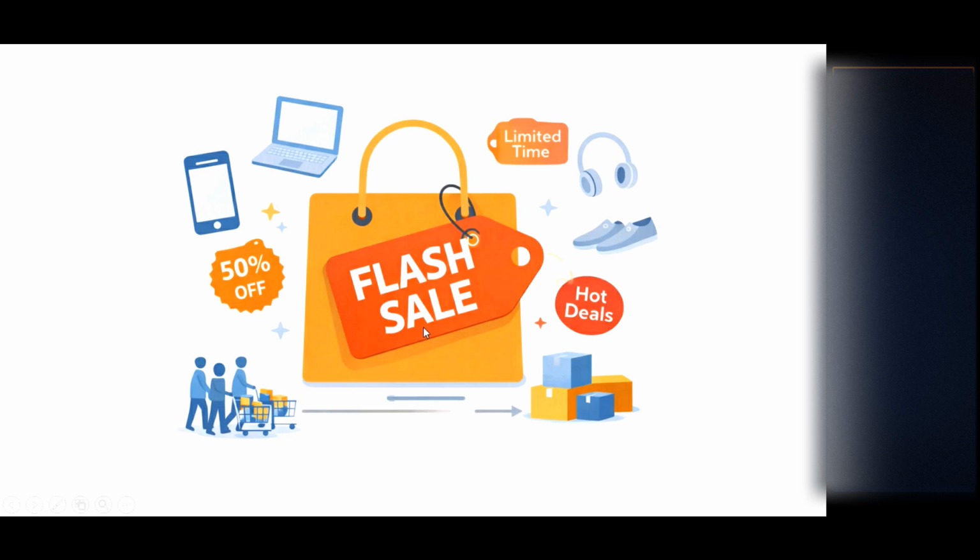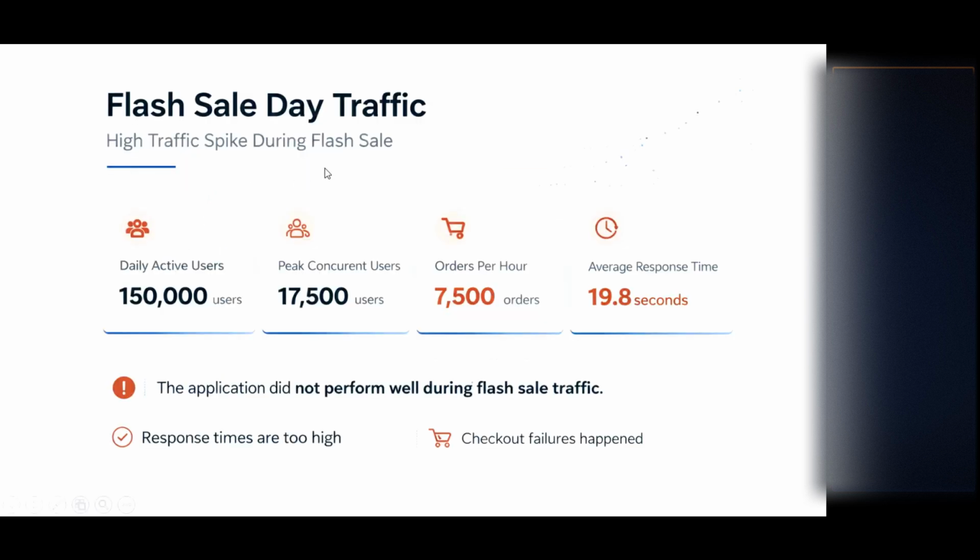Now the sale day event started, and all of a sudden they started seeing a huge number of users and huge traffic on this application within a short time. On the flash sale day, they saw around 150,000 daily active users, with a peak of around 18,000 concurrent users.